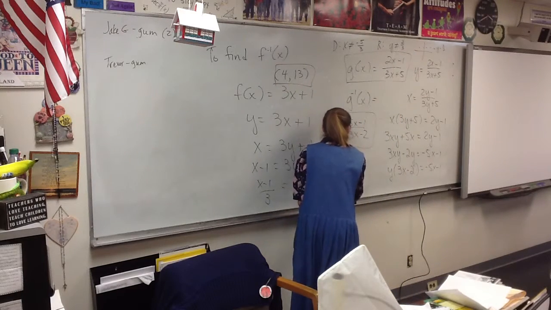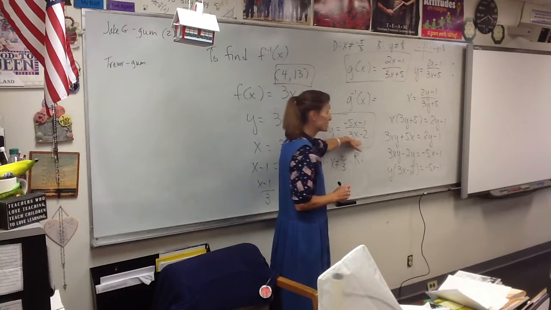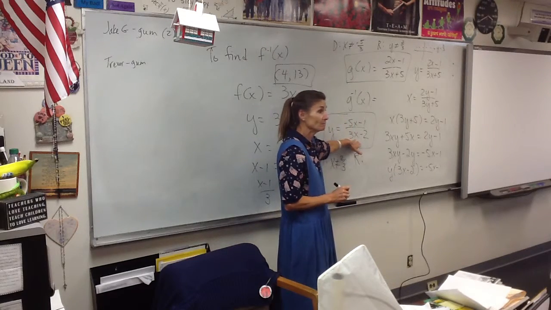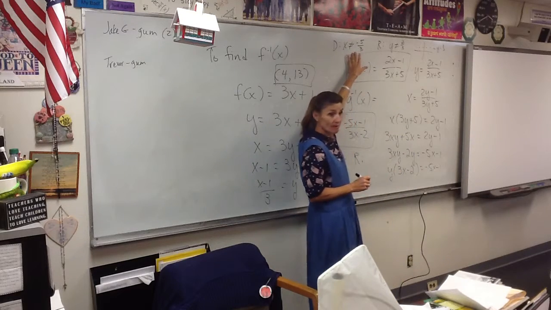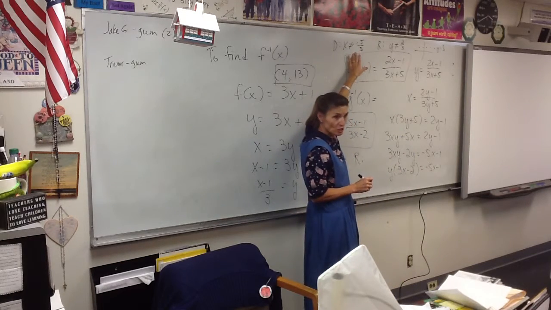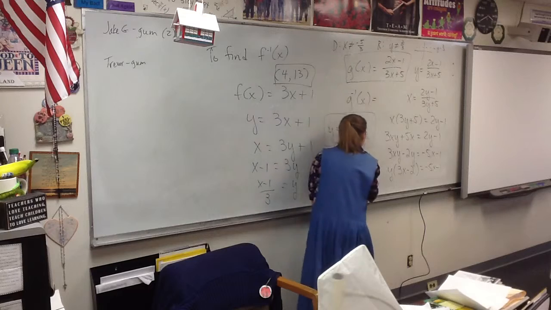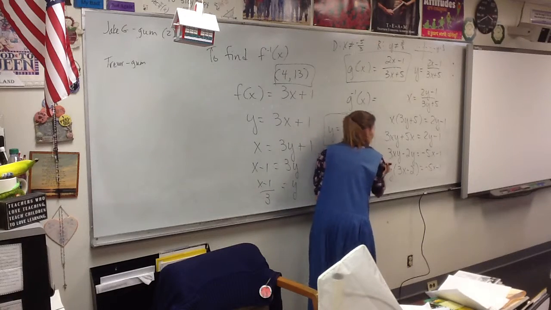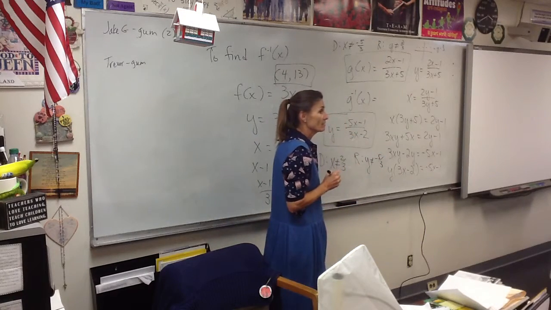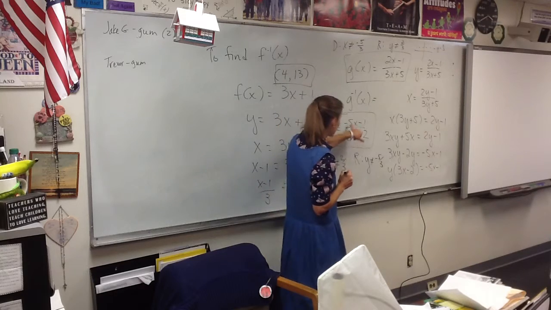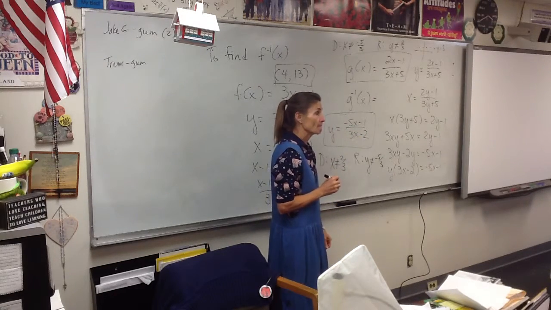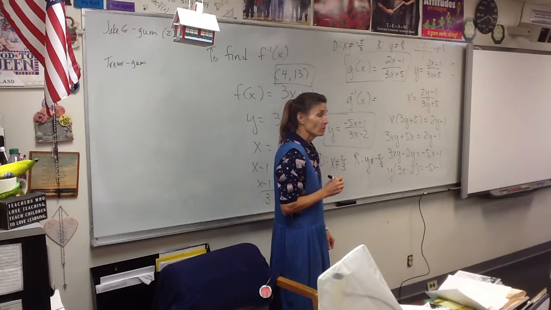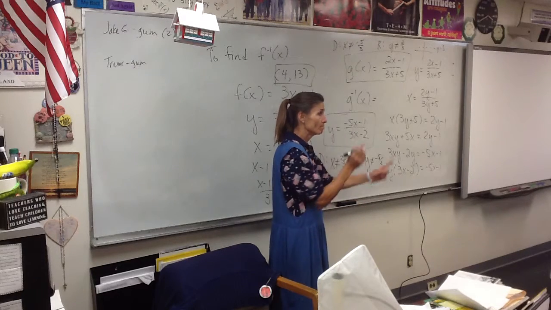X cannot be 2/3 in the inverse. Does that pan out? And if you tell me x can't be negative 5/3 in the original, then y can't be negative 5/3 in the inverse. And that pans out too, doesn't it? That would be your horizontal asymptote. Okay, ordered pairs, flip-flop.